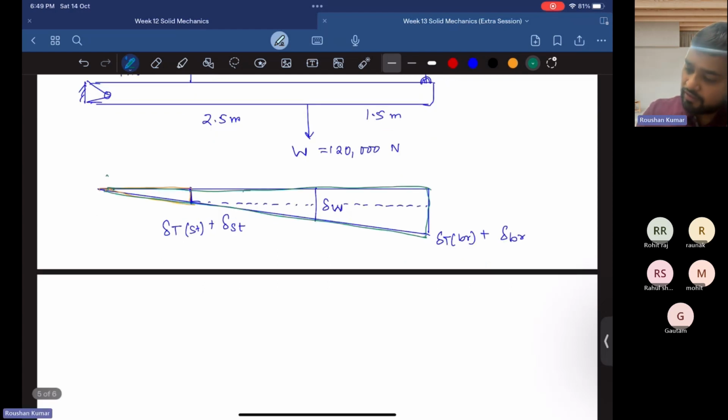We know this triangle is of length 1 meter, and this triangle will be of length 4 meter.